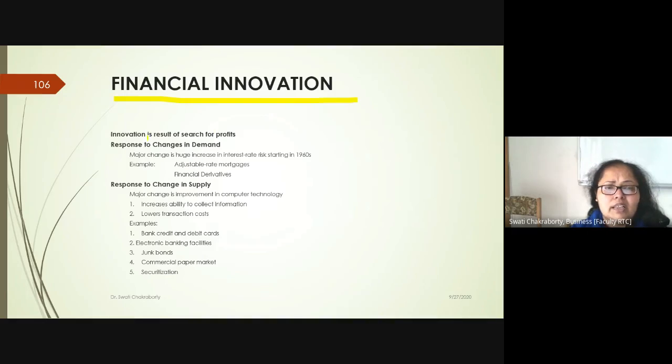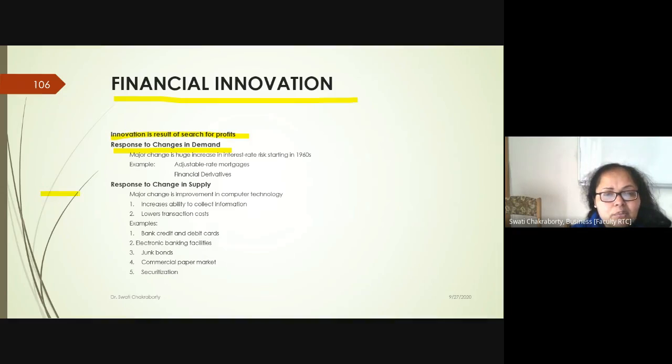So financial innovation: an innovation is a result of the search for profits. That's when the banks look for profits. So when can that happen? In response to change in demand. The major change is the huge increase in interest rates which started in the 1960s. Examples are financial derivatives and adjustable rate mortgages.